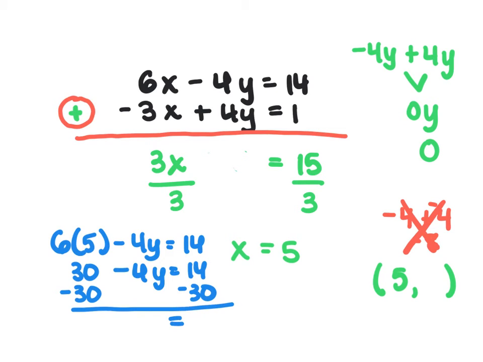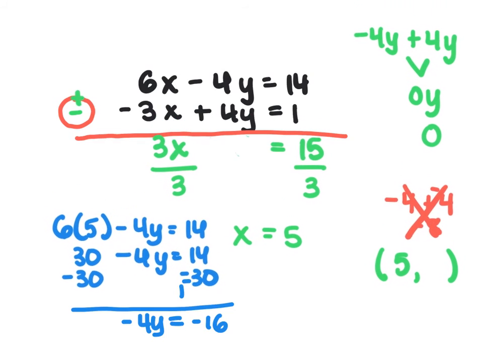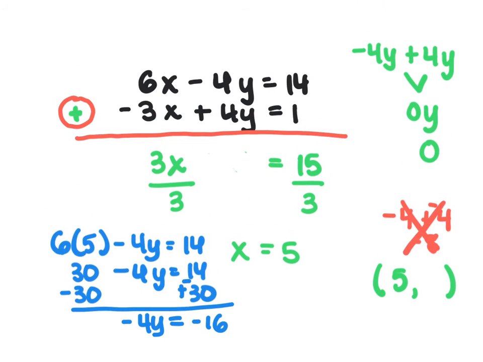I could do keep, change, opposite. You could also use a calculator. 30 is bigger and it's negative, so that's going to be negative 16, because 30 minus 14 is 16. When I bring this down, I don't want to forget that the 4 in front of the y is actually negative. And so now I'm going to divide both sides by negative 4.